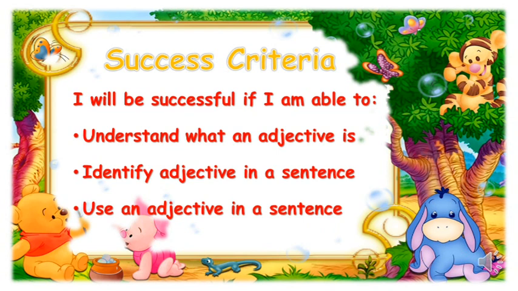And the success criteria for today's lesson is you will be successful if you are able to understand what an adjective is, if you can identify an adjective in a sentence, and if you can use an adjective in a sentence.